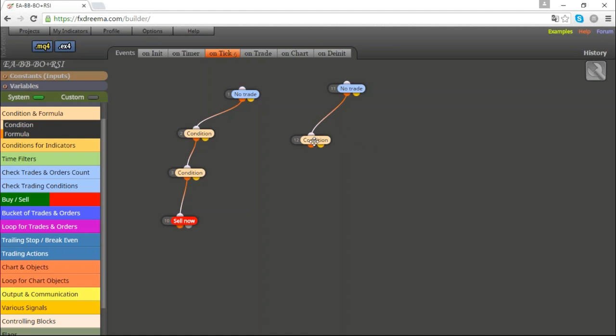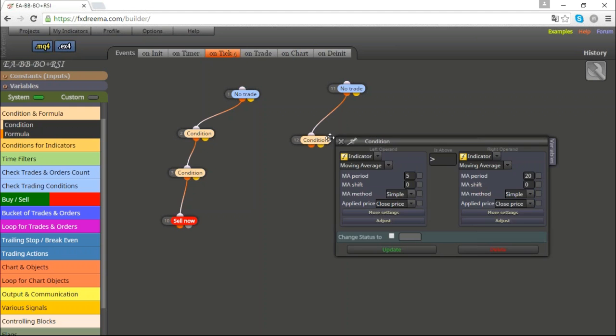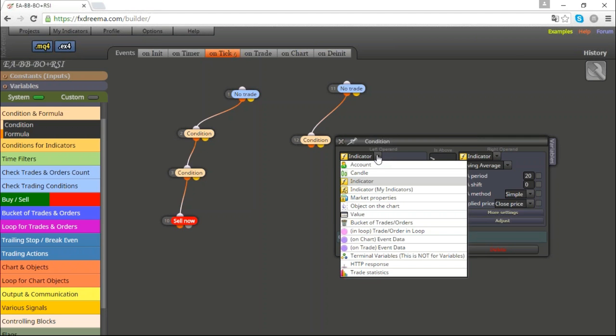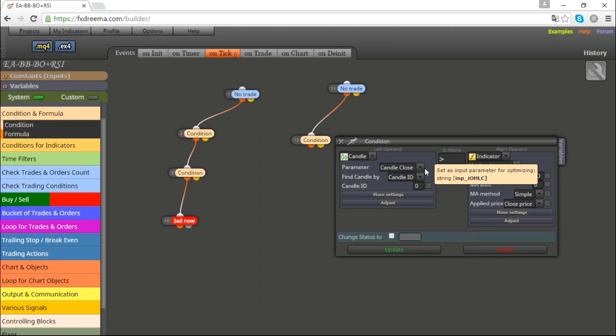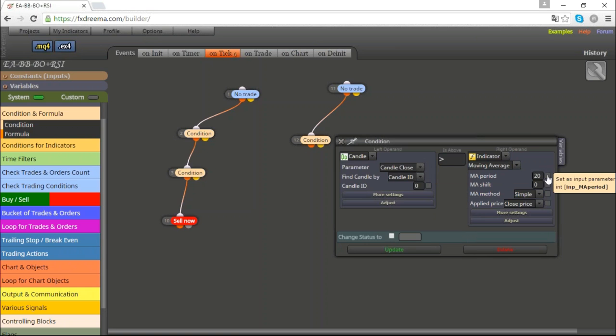Okay, if there is no trade, I'm going to open this condition, and you can decide, okay, then check if the price, for example, I'm just making it up out of the blue, I'm not preparing here, check if the candle at the close is above a moving average of 21, for example. And I want to optimize that.